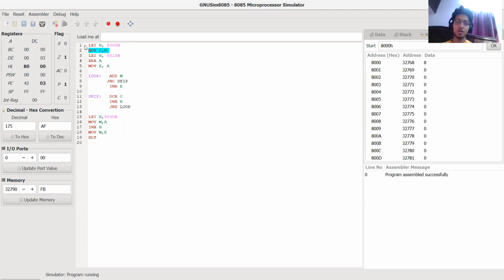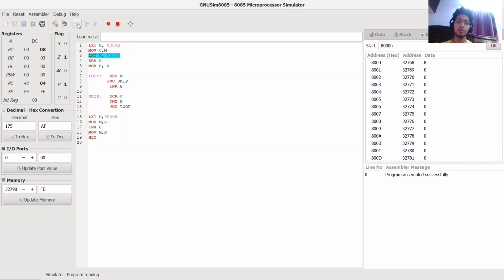So after the first command, we can see our HL pair stores the value of our address 8000. After the second command, the value of our counter is stored in the C register, which is 8.